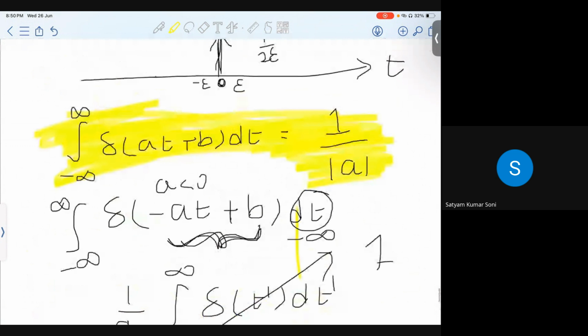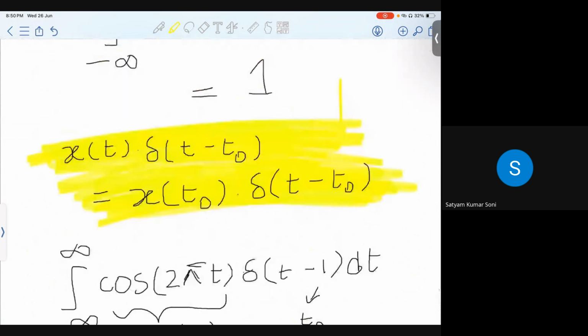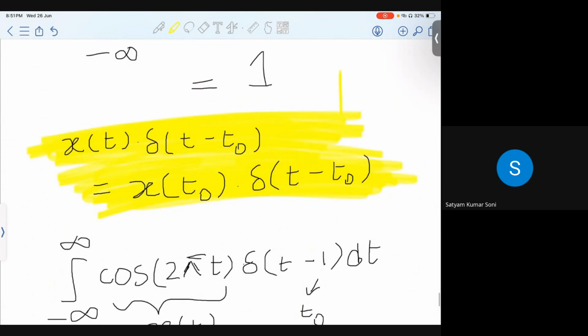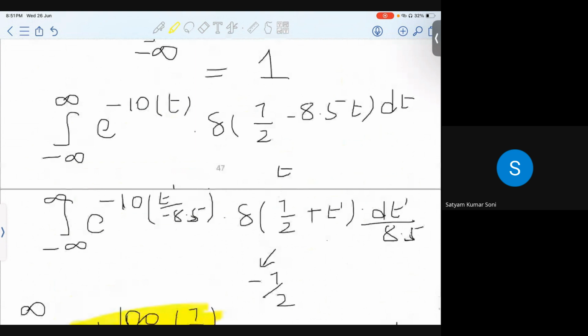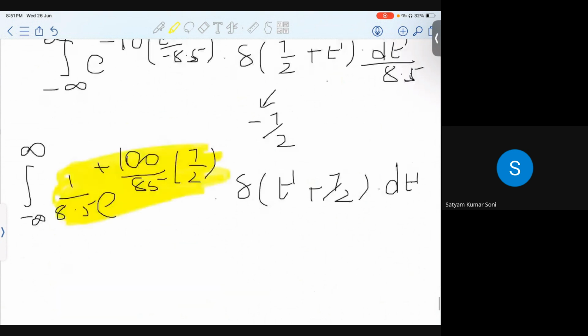Area is 1, time shifting will not affect, scaling does affect the area, and x of t times del of t minus t naught is x of t naught times del of t minus t naught. When you are given a complicated expression like this, don't get scared, but instead try to write it down in the form that you already know. When you break it down, you finally get a nicer expression. Even though it looks complicated, you can solve it well.